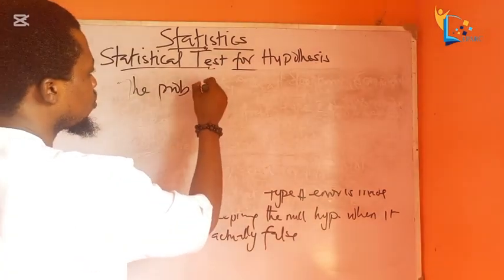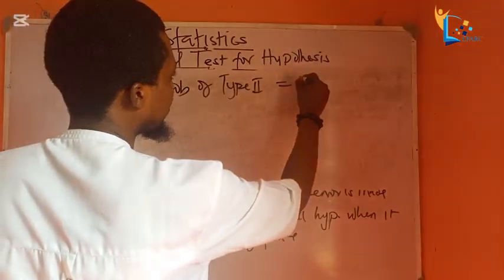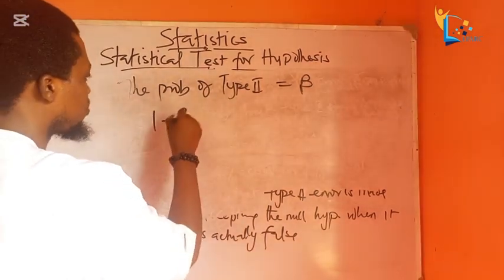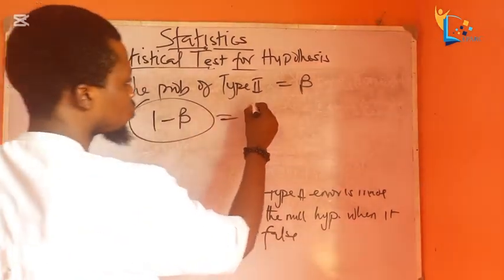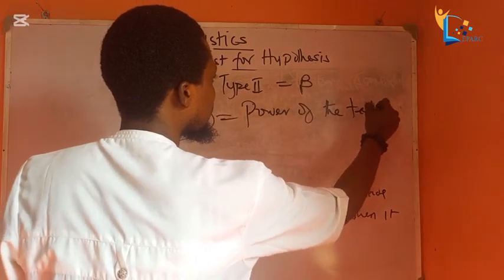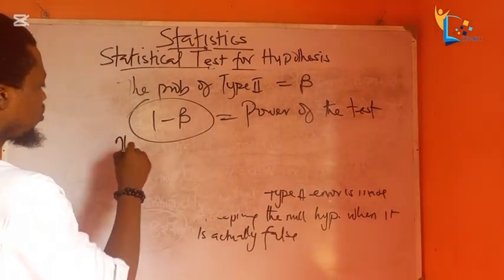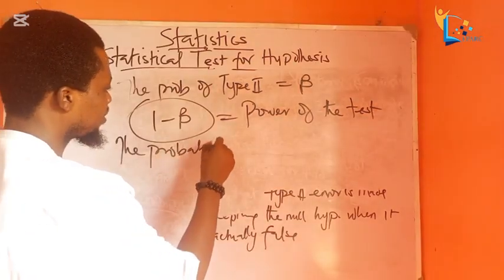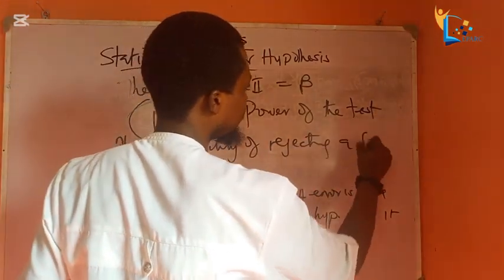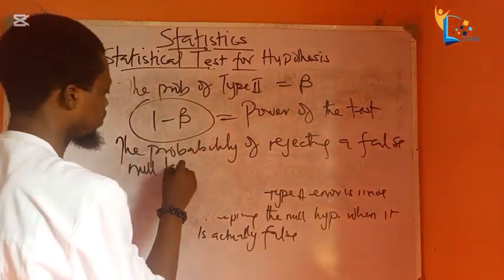Now, the probability of type 2 error is denoted by the Greek letter beta. The complement of beta, 1 minus beta, is what we call the power of the test. The power of the test is simply the probability of rejecting a false null hypothesis.